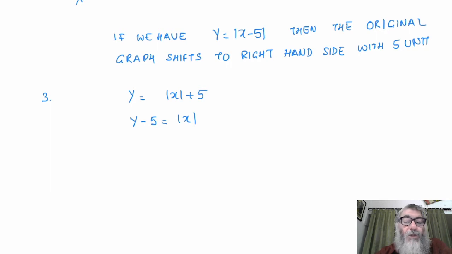Now in this case we will shift it upward on the positive side. Like we did here, if you are subtracting from y, then we shift it upwards by 5 units.